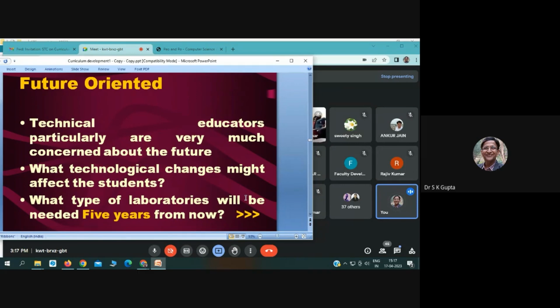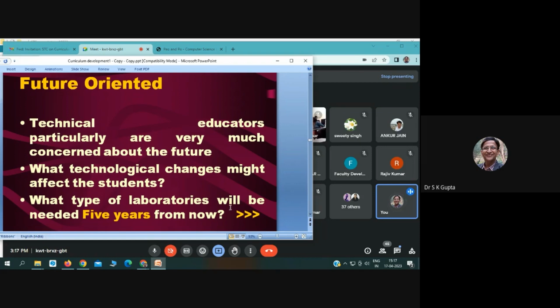So we have to think that our curriculum should be valid for the present time as well as in the future, because there may be some technology which is required immediately when they pass out from the institute, and some future technology requirements, maybe 3 to 4 years after passing out from your institute, must be incorporated in our curriculum.